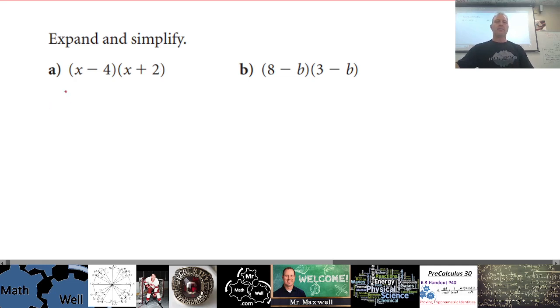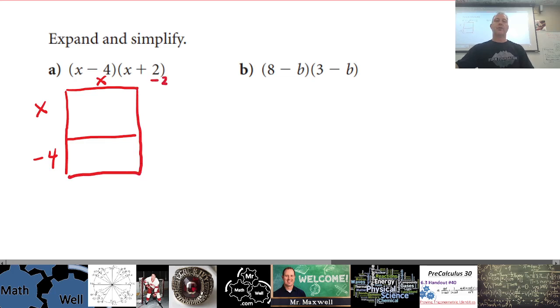I'm gonna make a bit of a rectangle here. I'm gonna put x on the top side. Okay, I'm gonna put -4 on the bottom of the side here. I'm gonna put another x on top here, and then I'm gonna put a positive 2 on this side.